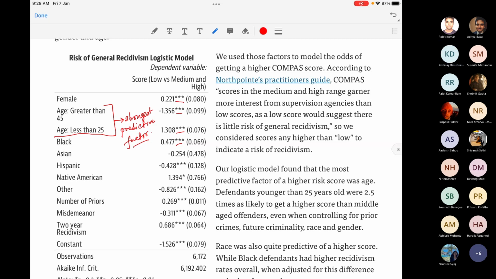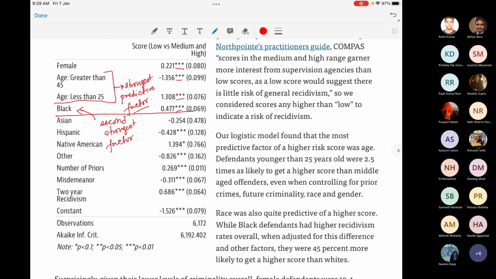Black. Race is also a factor, and mind you, it is no longer just distributions. All the other factors have been controlled, and still blacks come as the second strongest important factor. And this is actually what is bothersome.